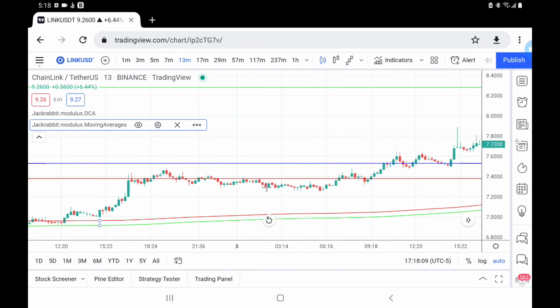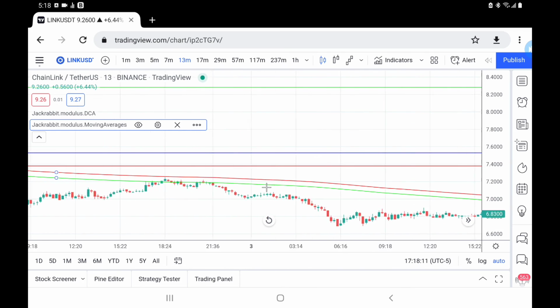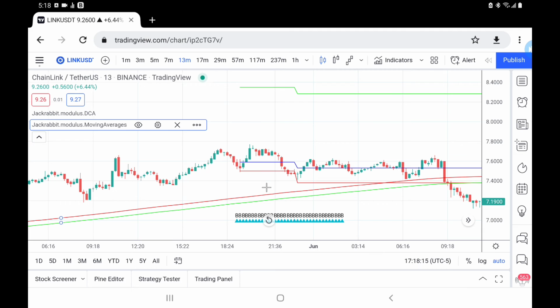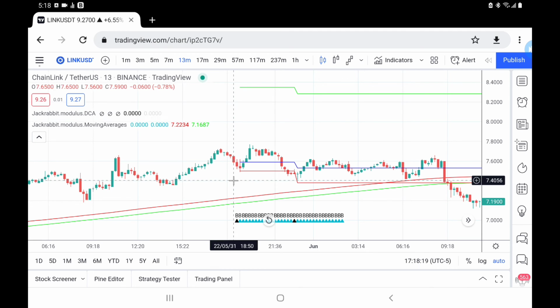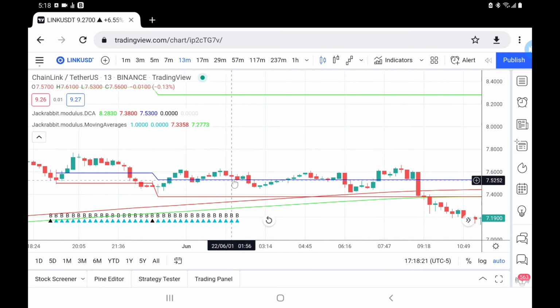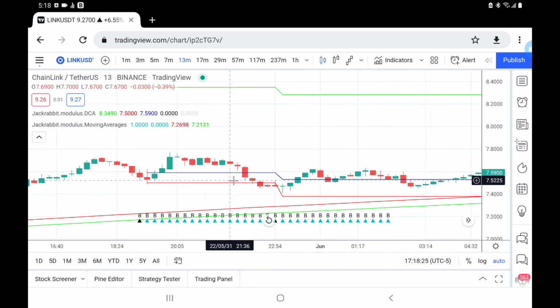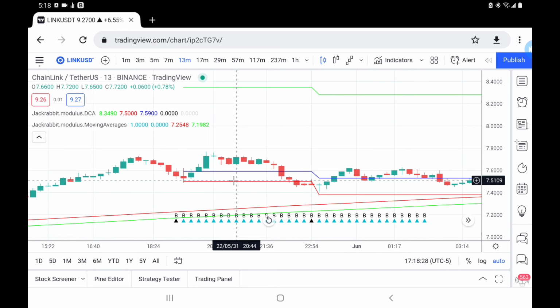But let's go back here. Let's find when it started purchasing. Okay, it started purchasing and it made 2 purchases. Now in both cases, we're only purchasing when the market is going upwards. So we purchased here.